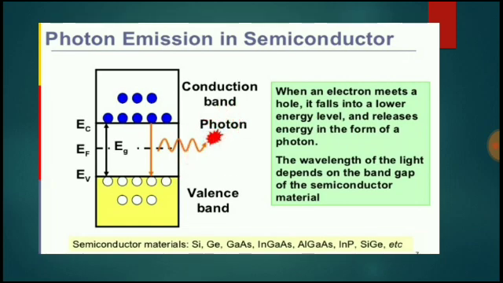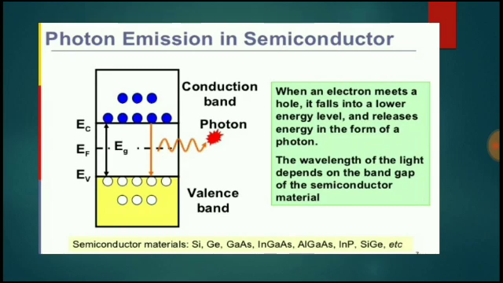When an electron meets a hole, it falls into a lower energy level and releases energy in the form of a photon. The wavelength of the light depends on the band gap of the semiconductor material.